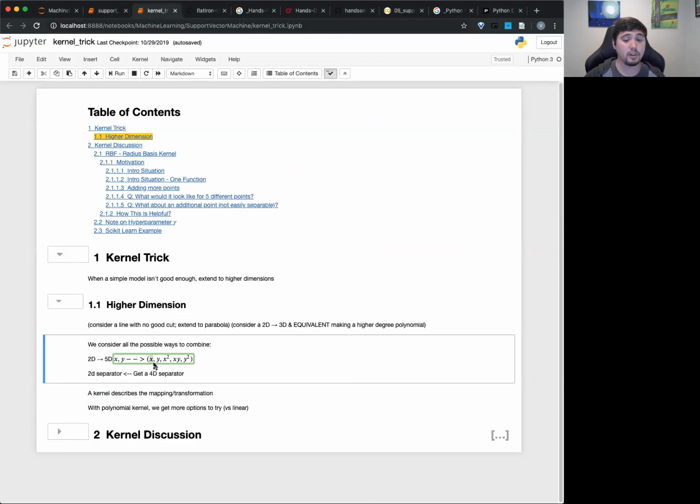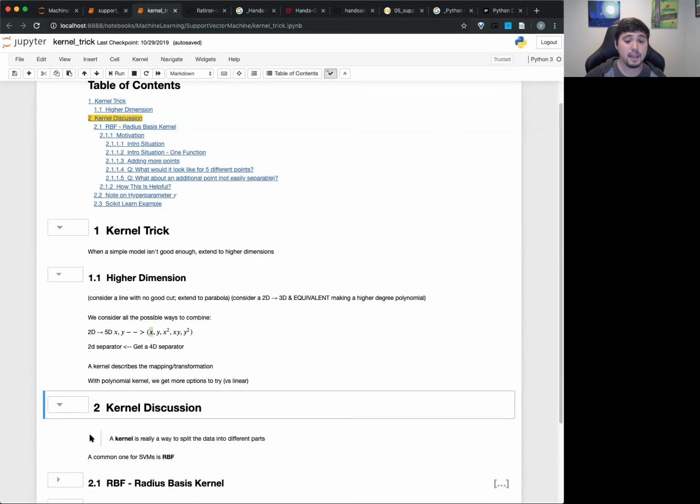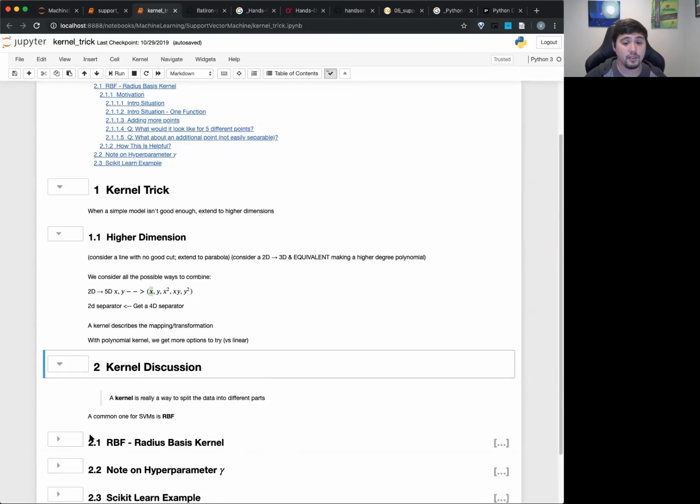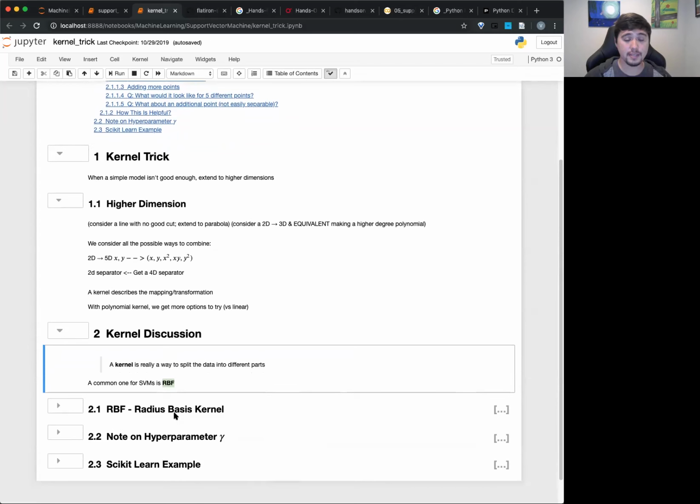That would be a polynomial kernel. There's another kernel called the RBF kernel, the radial basis function. The radial basis function allows us to create a function that we can guarantee will make something into a separable spot, which is a really cool idea.